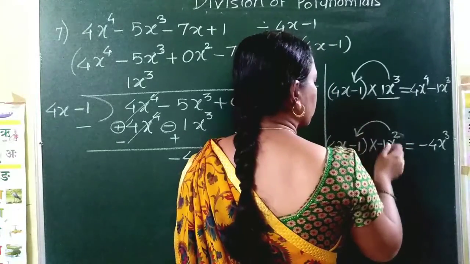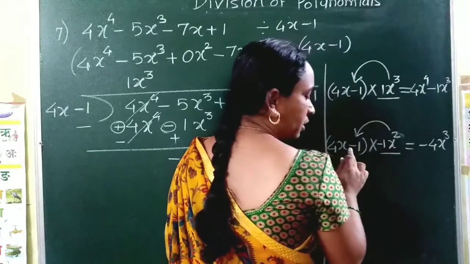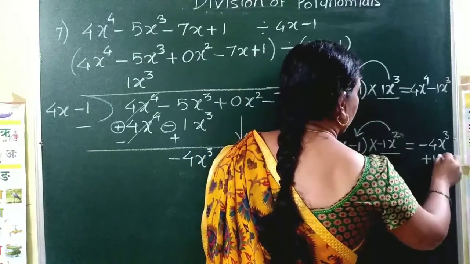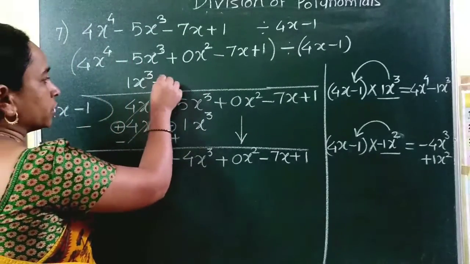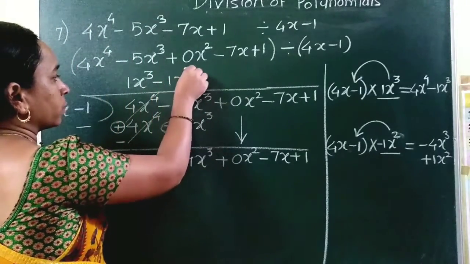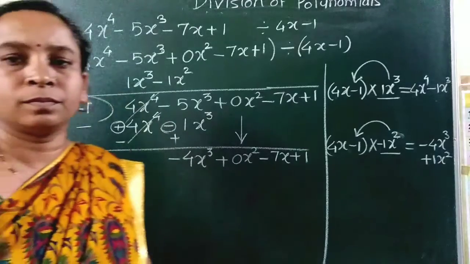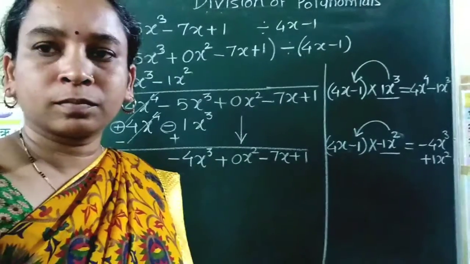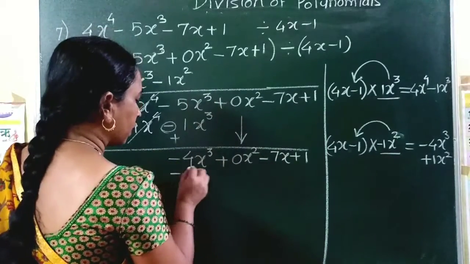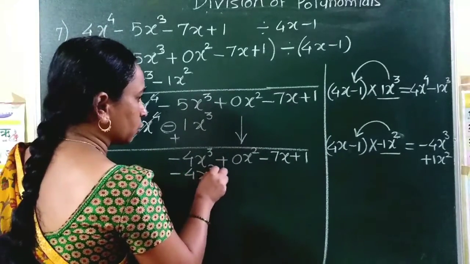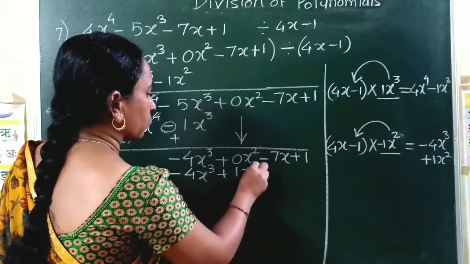Multiply the remaining term, so we'll get the answer minus minus, it is plus 1x square. Second quotient is our minus x square. Write the product minus 4x cube plus 1x square.